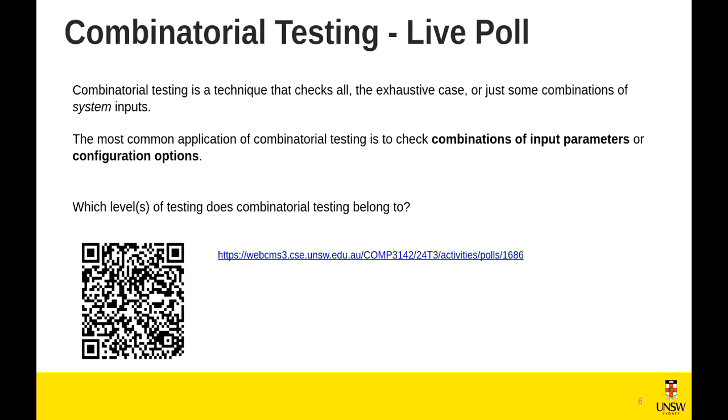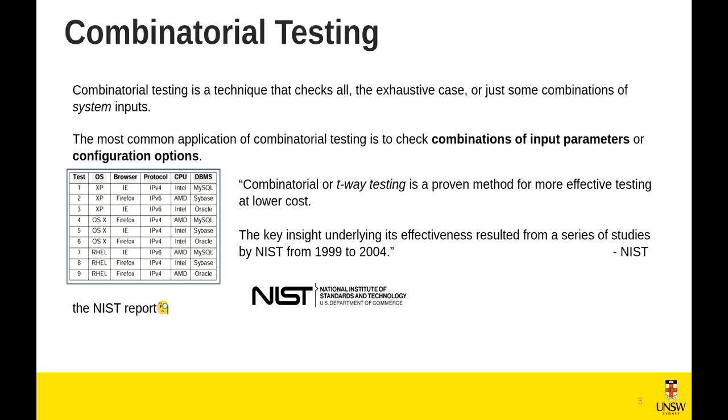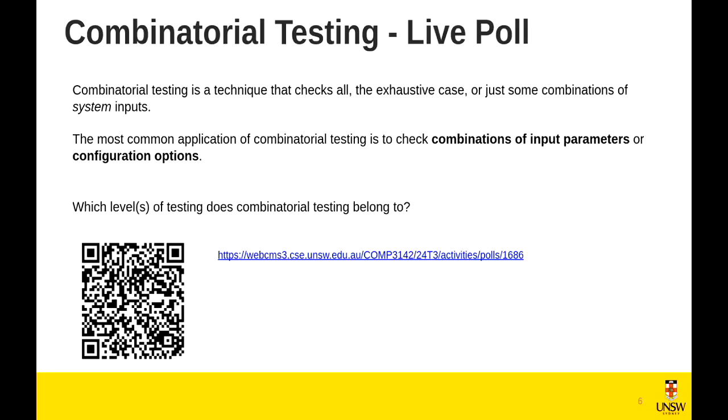So it doesn't have to be the entire system of the software. So in our first example, you could see that we can even do combinatorial testing for a function, like find max, and we can also do combinatorial testing for some more complex software, like whatever browser we can test, right? So it could be applied to all different levels of testing.